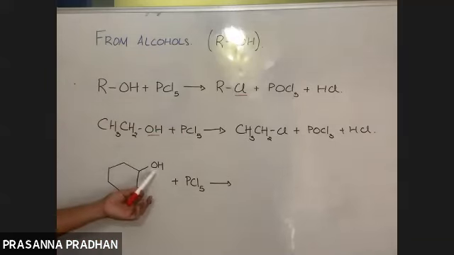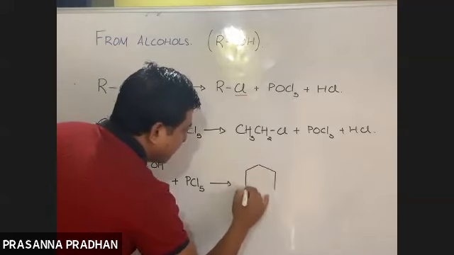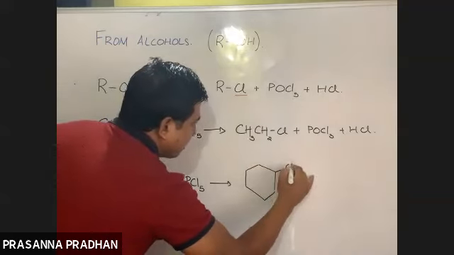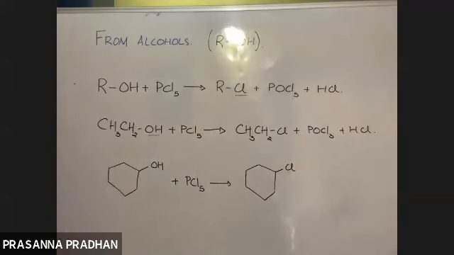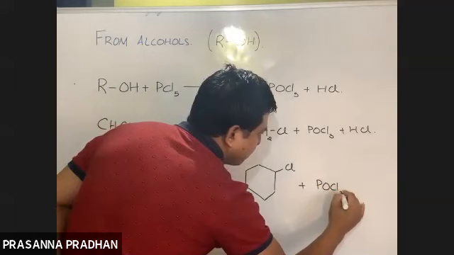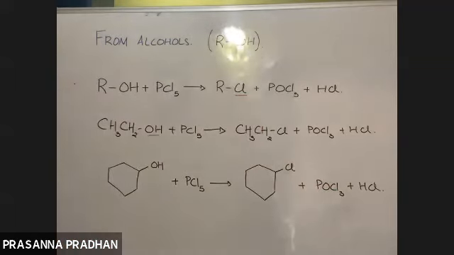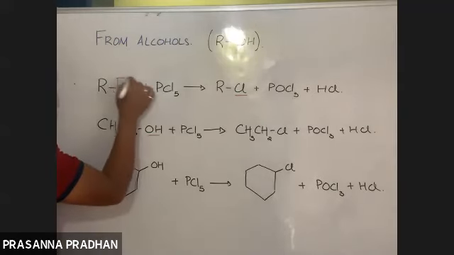Again, the OH group will get substituted by chlorine. So we get cyclohexyl chloride, plus the other products will be common, POCl3 plus HCl.